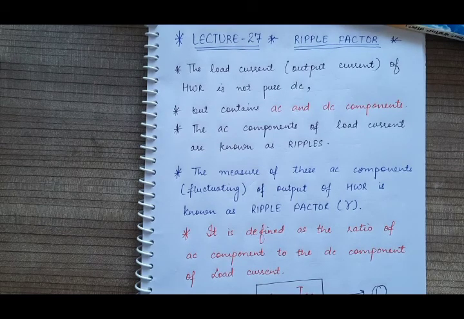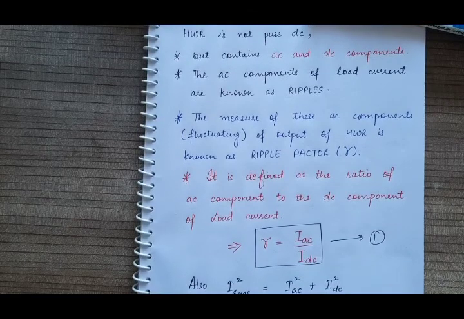With the help of the ripple factor, we are able to measure the amount of AC component present in the DC. It is denoted by gamma, and mathematically it is defined as the ratio of the AC component of the load current to the DC component of the load current.